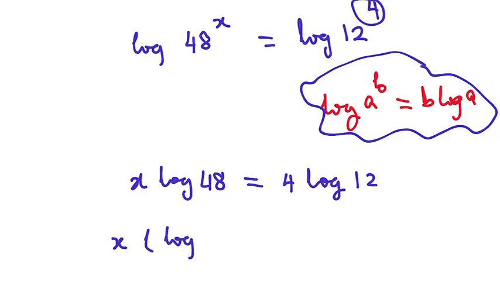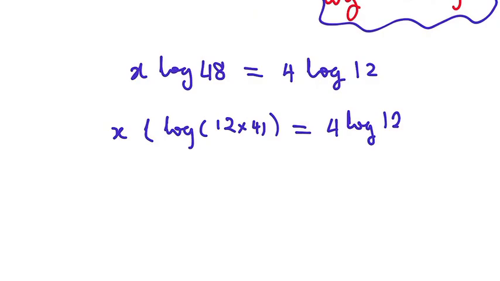Now this 48 is the same thing as 12 multiplied by 4, okay? Then equals 4 log 12. Okay, so we move on. So from there, we're going to have x.